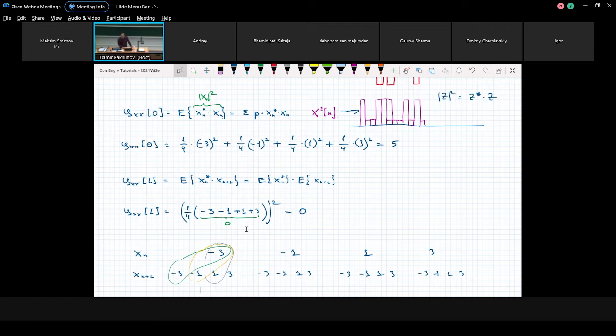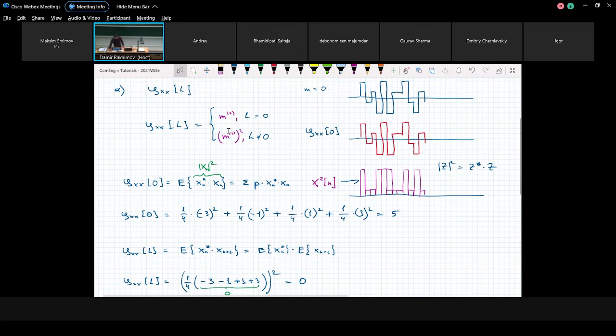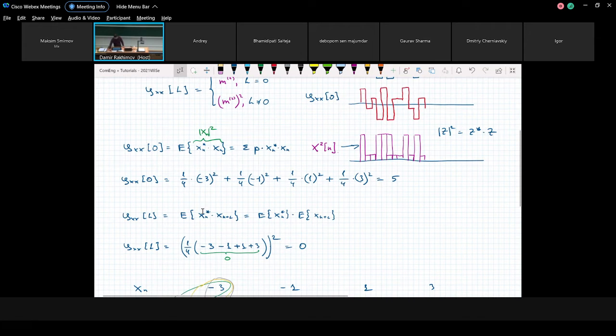I'm just asking whether the autocorrelation of the first moment needs to be x of n conjugate multiplied with x of n plus L, but as the square version, because we are talking about the first moment. If you go up in the assumption that we made, the autocorrelation. This one, exactly.